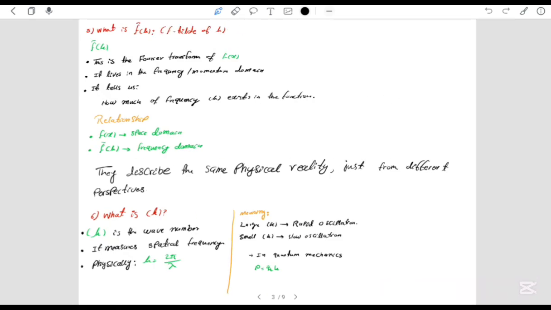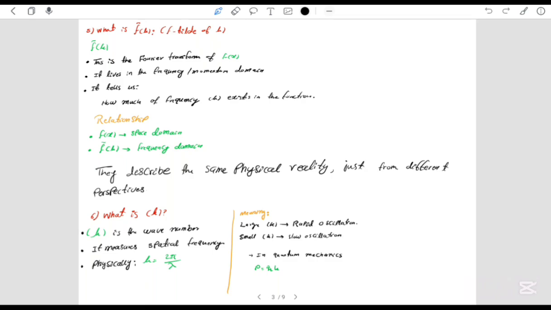Then what is f tilde of k? f tilde of k is the Fourier transform of f of x. It lives in the frequency or momentum domain.